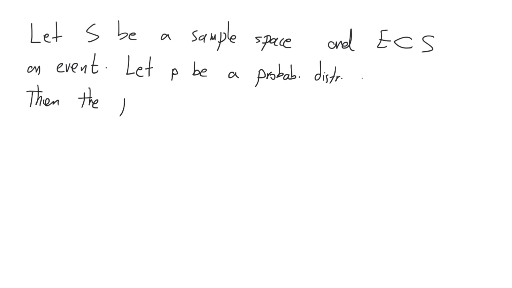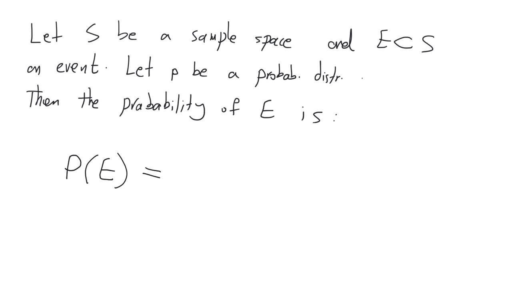Then the probability of E is by definition, so this is the definition of the probability that is given by the probability distribution p, and that is, as expected, the following. The big P of E is the summation over all x in E of little p of x.